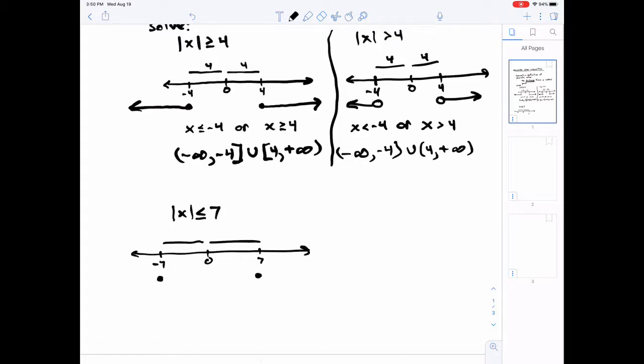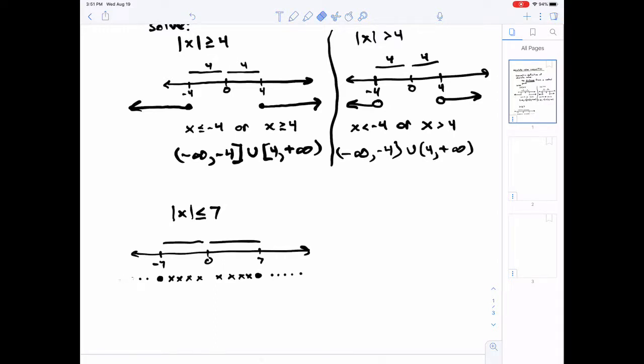Well, where are the distances less than 7? Well, here, that distance is less than 7 from 0. All of these distances are less than 7. So those are the ones I want to include. These distances out here, those are more than 7, so I don't want to include those. Okay?